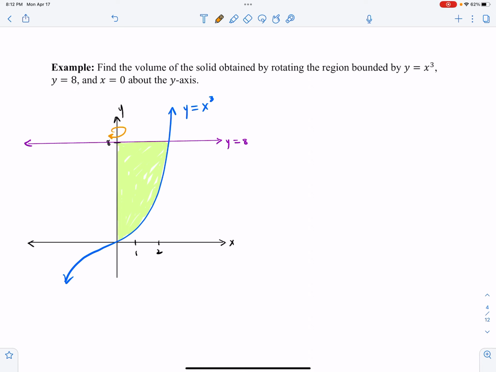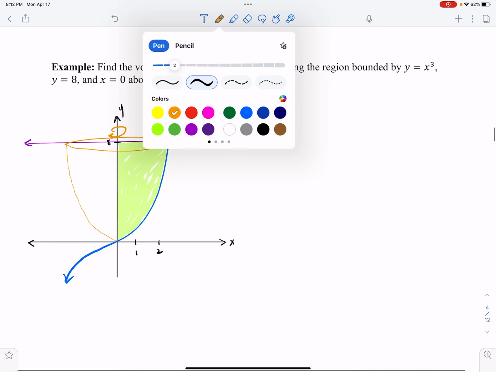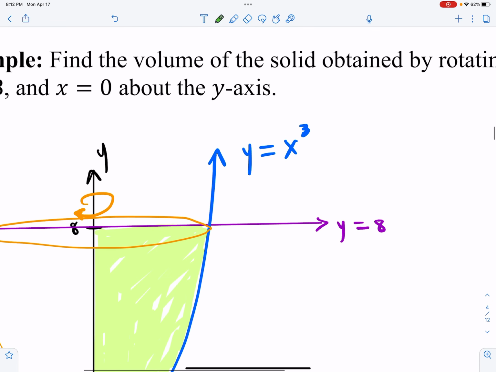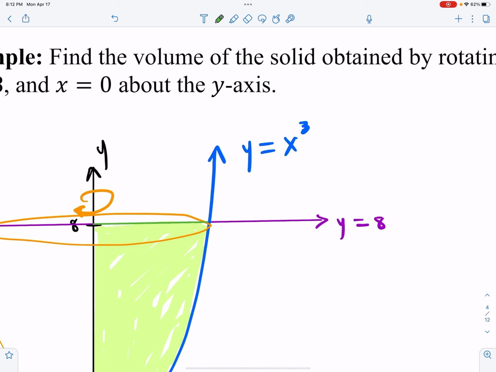That means that we are going to have horizontal slices. If we were to think about this region being rotated, we'd have horizontal discs as our cross sections. So to come up with our radius of rotation, it'll be r of y, not r of x.